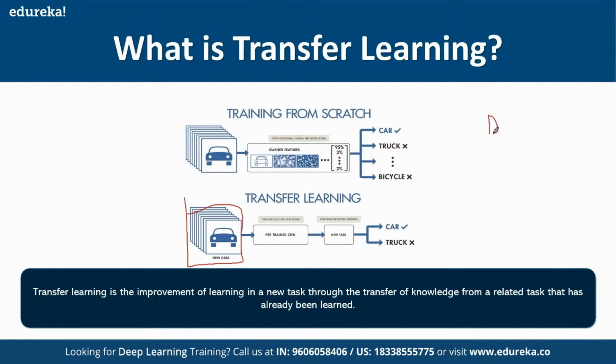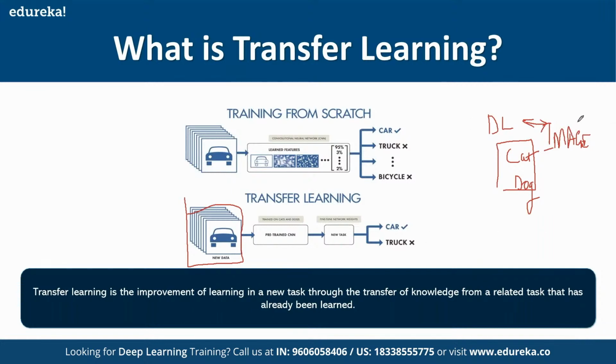I already have a deep learning model which has been trained on an image data set, and this model has been trained to classify for a given image whether it belongs to a cat or whether it belongs to a dog. So let's say this is the requirement that I have. Now this is my existing model that has been trained.